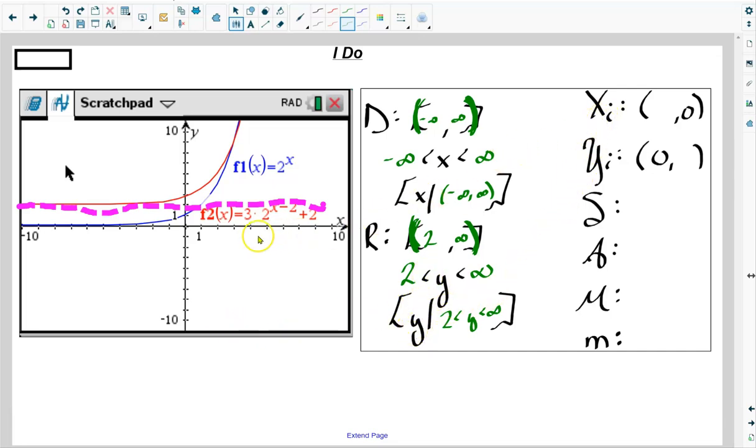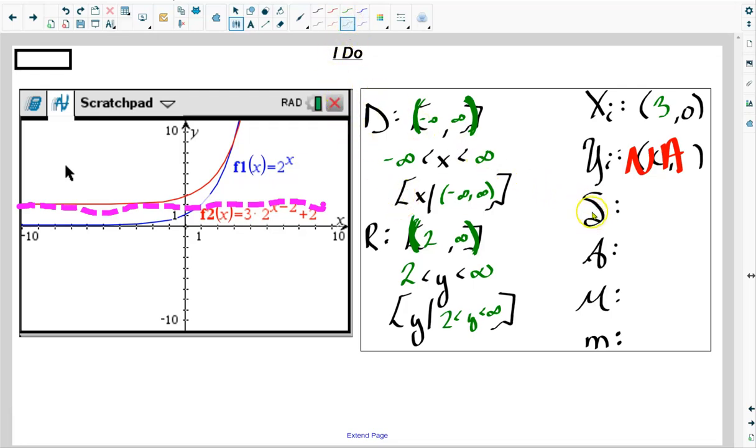The x-intercept in this case, again with the red exponential function, it's 1, 2, 3. And do I have a y-intercept? I do not. So I'm going to say NA.